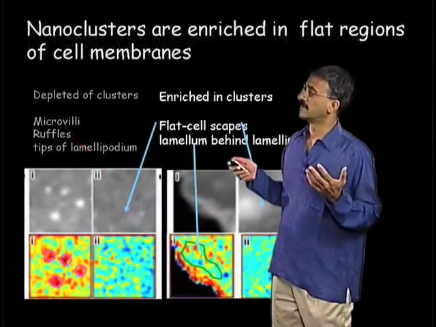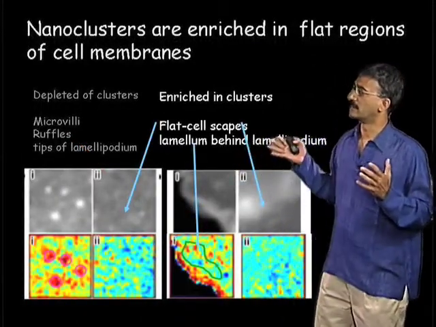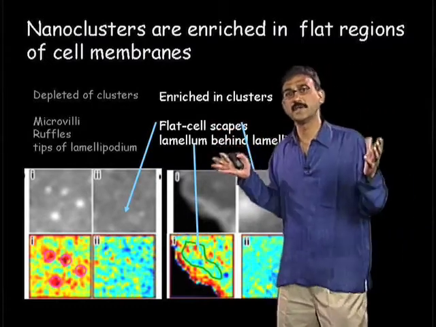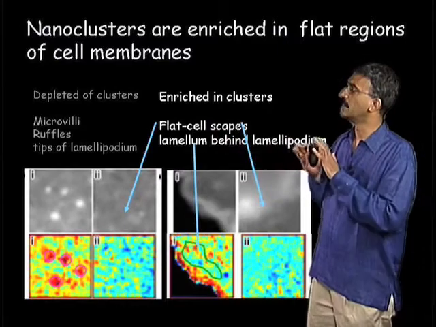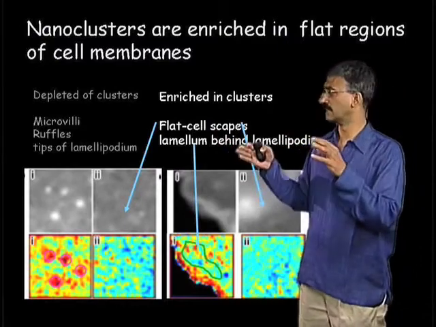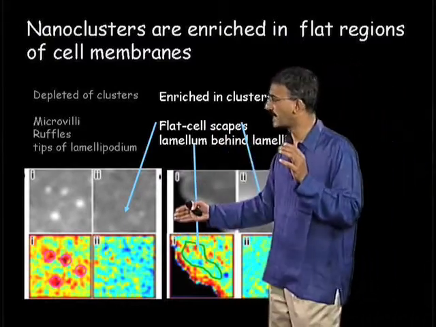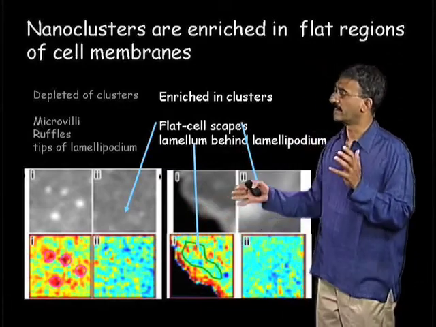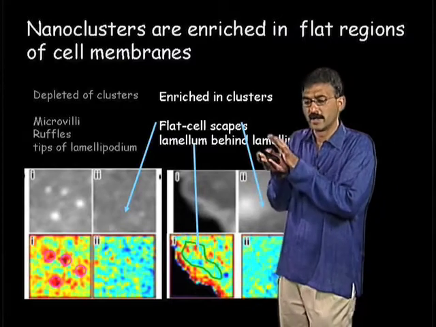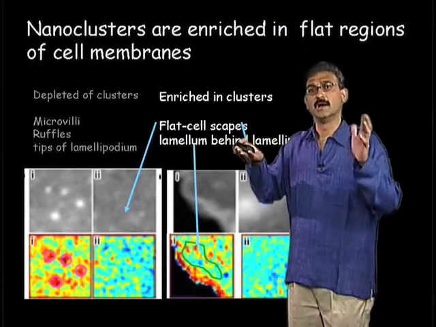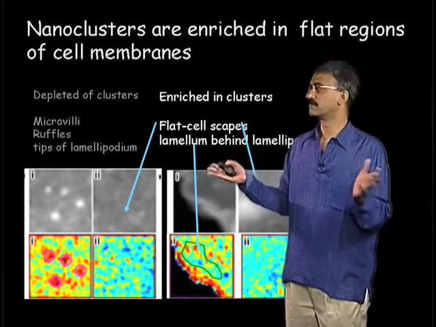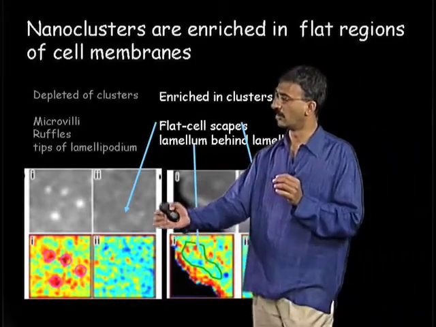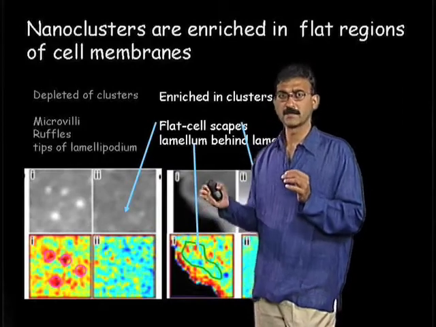Other regions in the cells are where the nanoclusters of these molecules are enriched, and they seem to be enriched specifically in the flat regions of cells, or in regions just behind the tips of lamellipodia, the lamellum, where the distribution of actin is likely to be very different from the tip of the lamellum, of the lamellipodia, or in fact even microvilli.